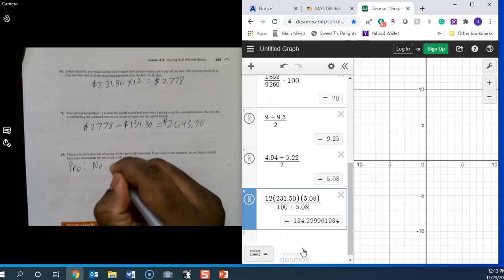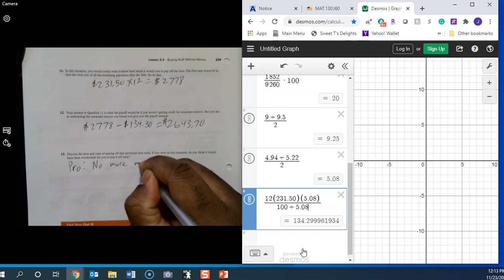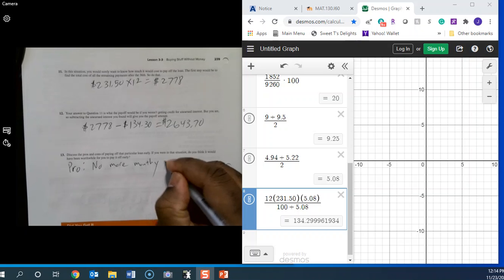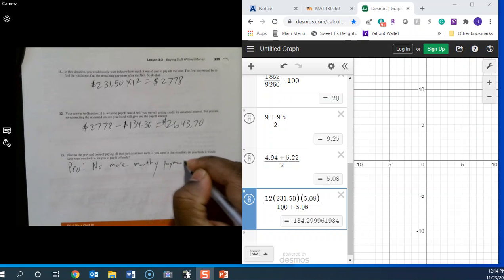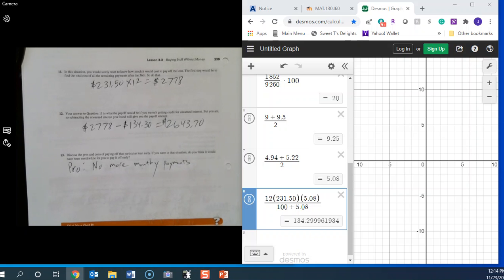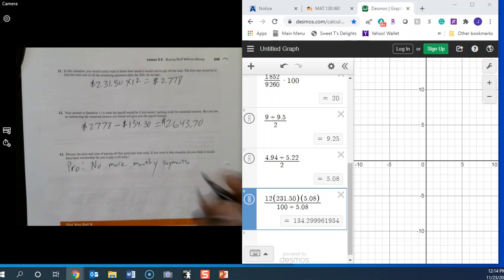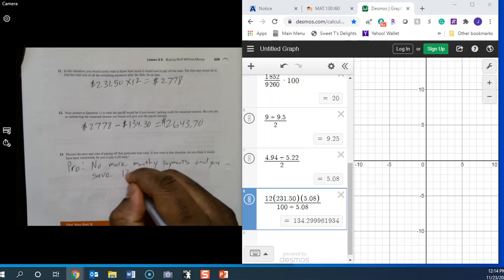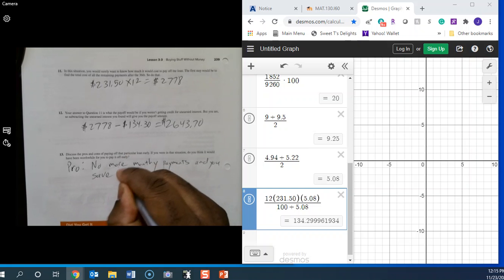One pro is no more monthly payments, and you save $134.30.